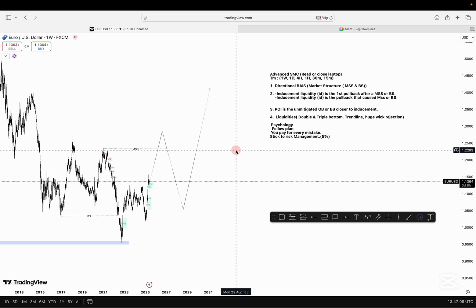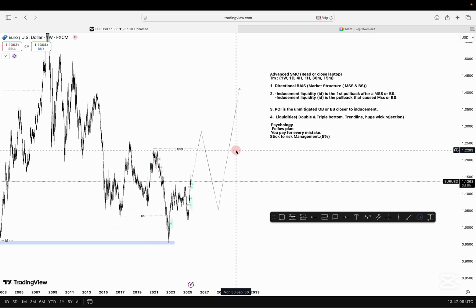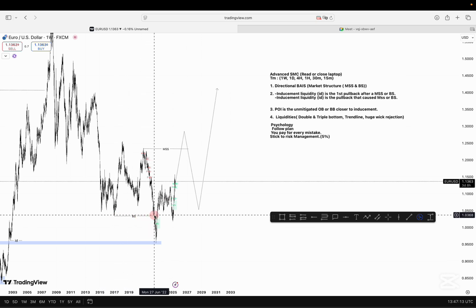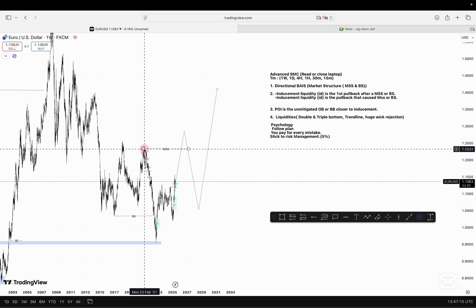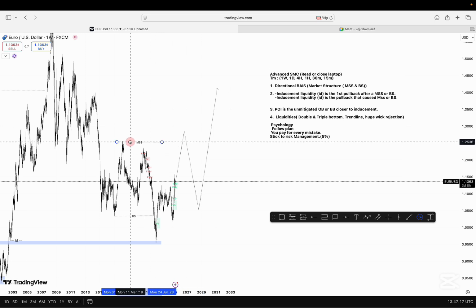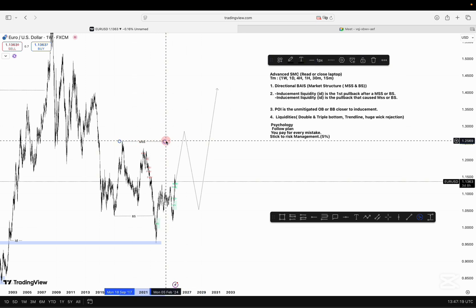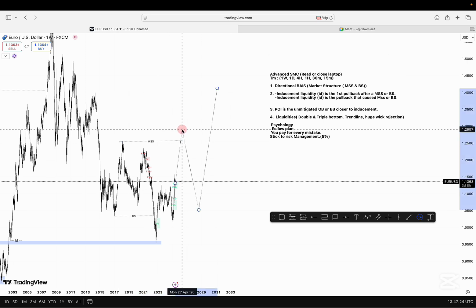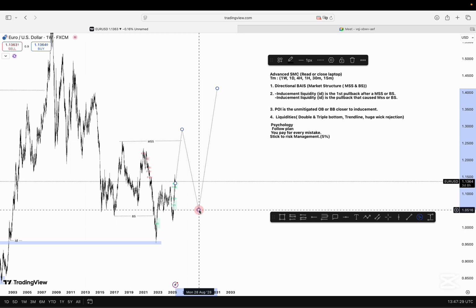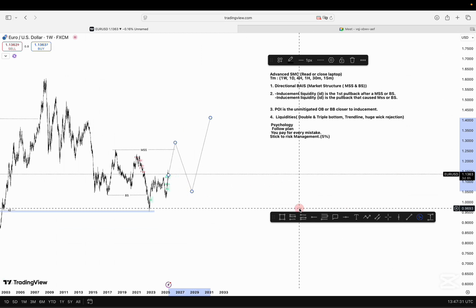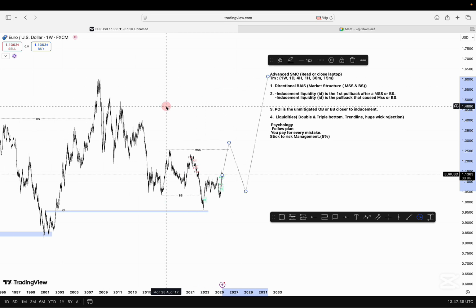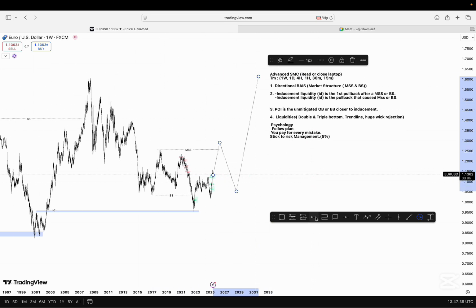A change of character or market structure shift. But right now we have a break of structure to the downside here, and the swing side of the break of structure is here, or it could be here. Let me mark it. This is the external swing structure. So if price comes to the top here, clears this high, and then gives us a pullback to the downside, that is when I'll be interested in long-term buys on Euro USD.